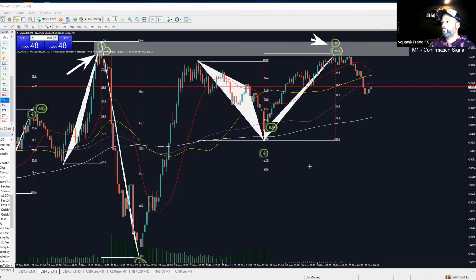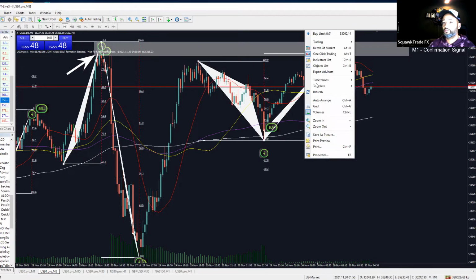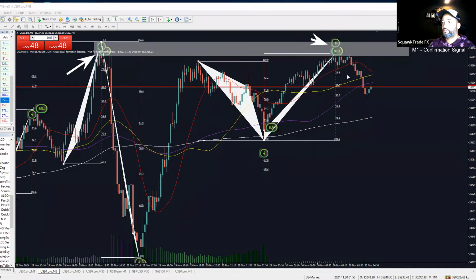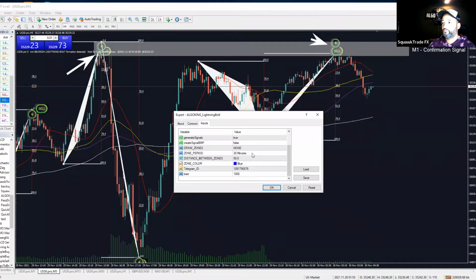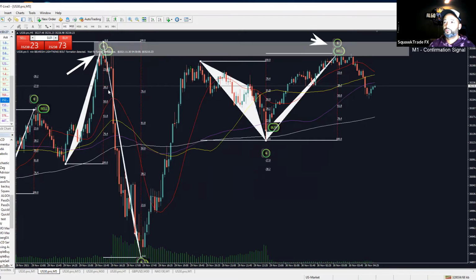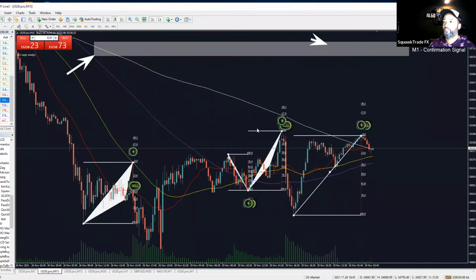Right, so here, let's just see if I throw this on, advisor properties. Let's see. Right, so if I go now to the 15, we'll let that go, let it draw it all out.